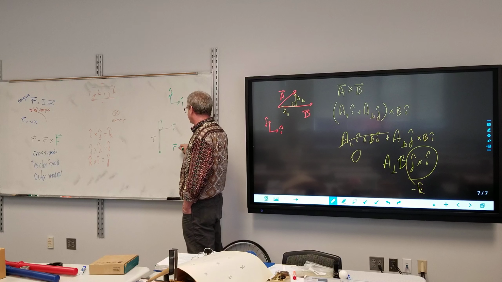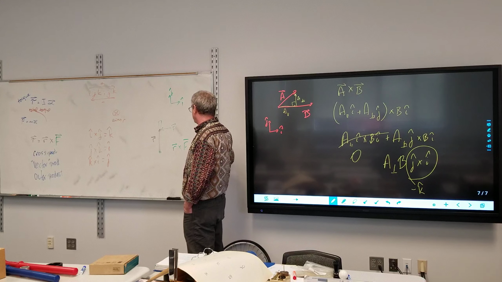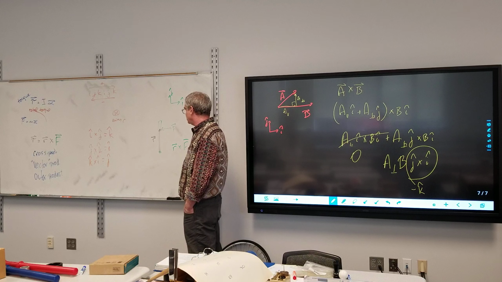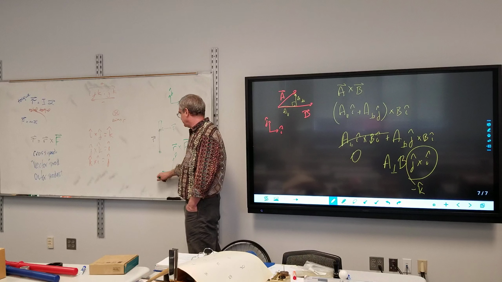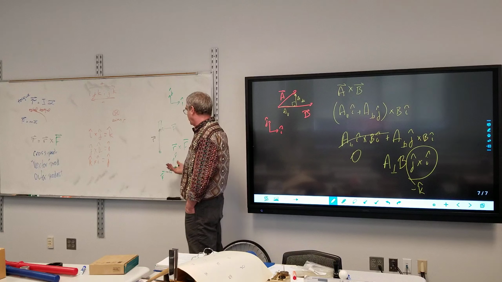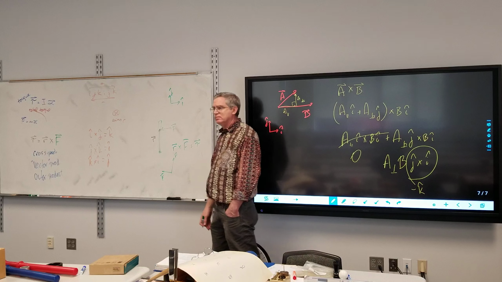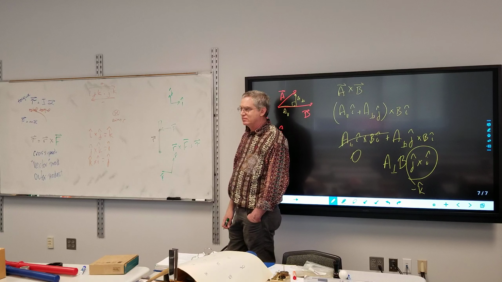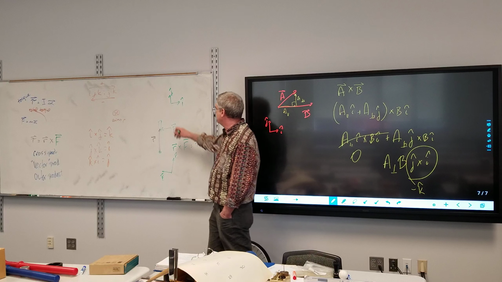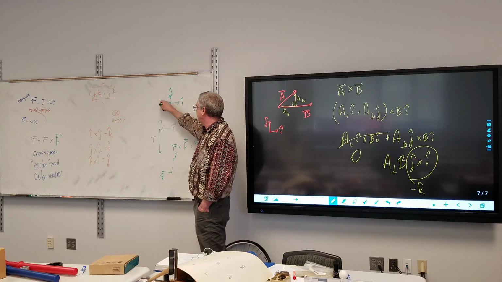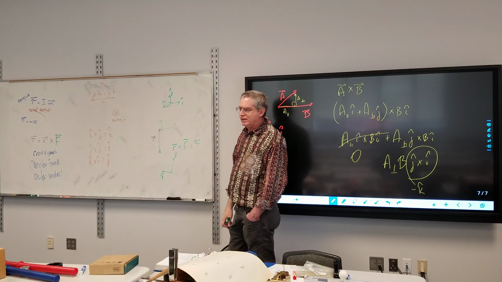If I'm doing R cross F in order to find the torque, well, R and F, I put them tail to tail. And what would be the direction of R cross F? It's a three-dimensional problem.